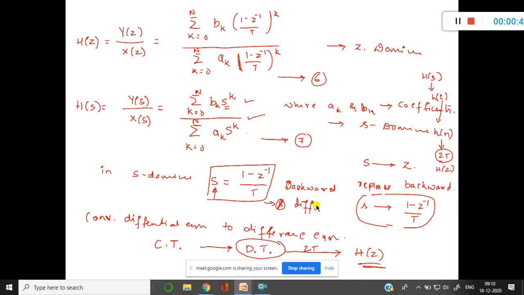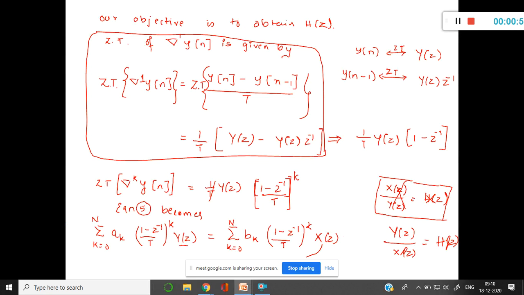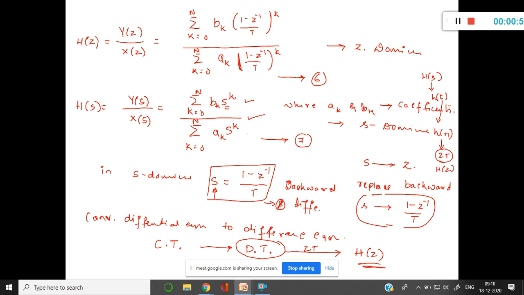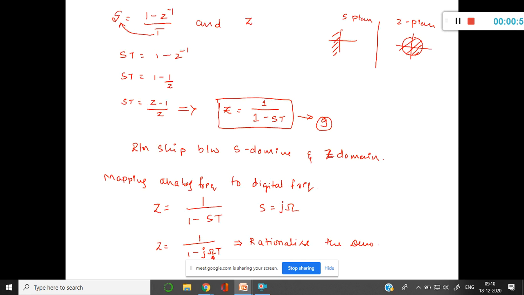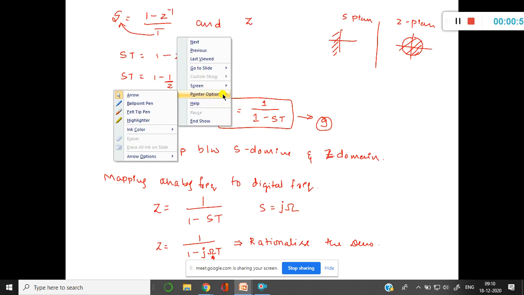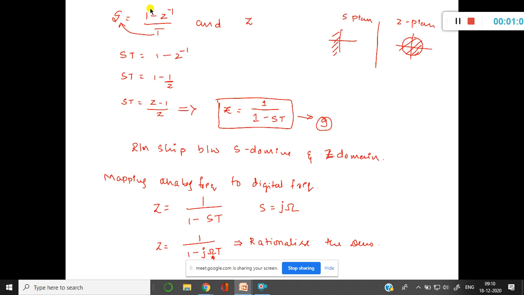So, in the previous class, we derived the relationship between S to Z, where we understood how the Laplace is transformed to Z domain by making use of the backward difference method, and this is the formula for the backward difference method.